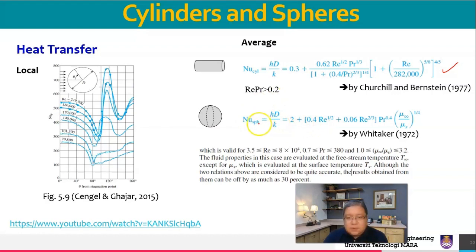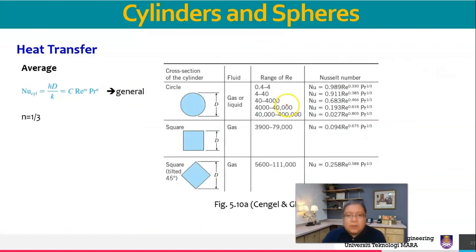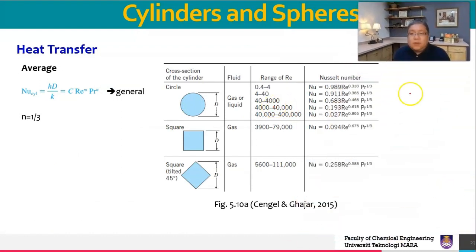This one is for a sphere, and you have this other formula for the Nusselt number as well. For example, you have this general formula where C is the number in front, the coefficient.